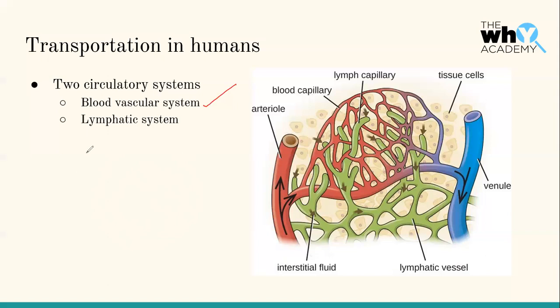And another system is called the lymphatic system, which runs parallel to the entire blood vascular system. Like if you see in the diagram here, if this is your artery and you have your capillaries and veins, this green part is the lymphatic vessels, which are interconnected near the capillaries. So basically the lymphatic system acts as your drainage system.